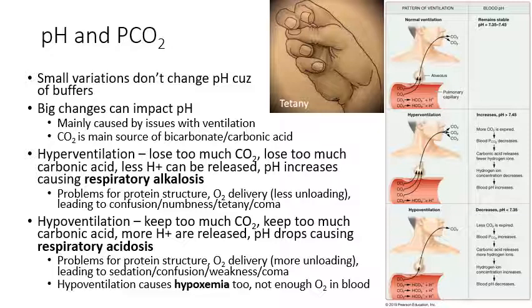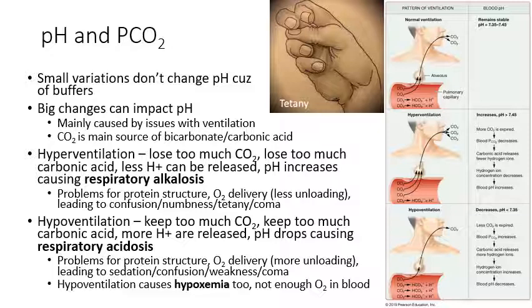That pH difference is going to be affecting the structure of your different proteins in a way that impairs their function. It also is going to affect your oxygen delivery by changing the affinity of hemoglobin for oxygen. It's going to lead to a higher affinity and less unloading, so your tissues are going to have trouble getting oxygen off of hemoglobin. This can make you feel numb and tingly.